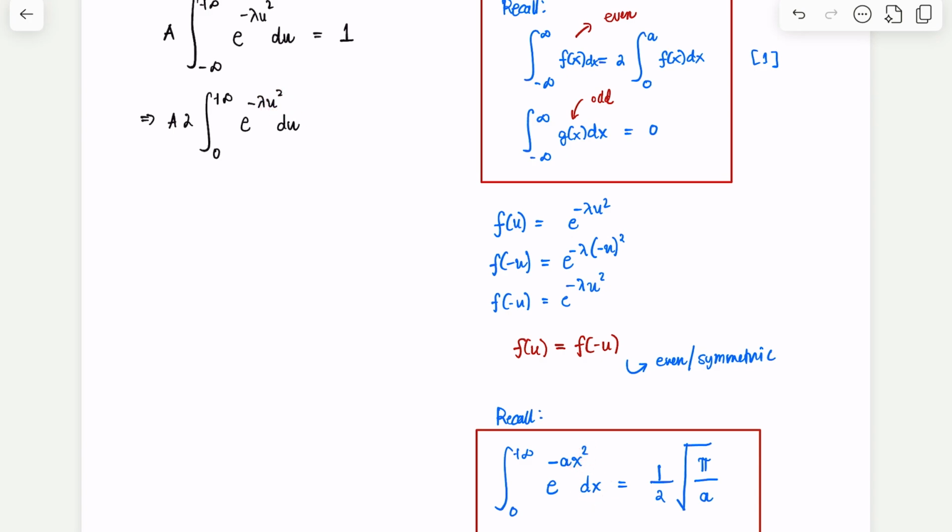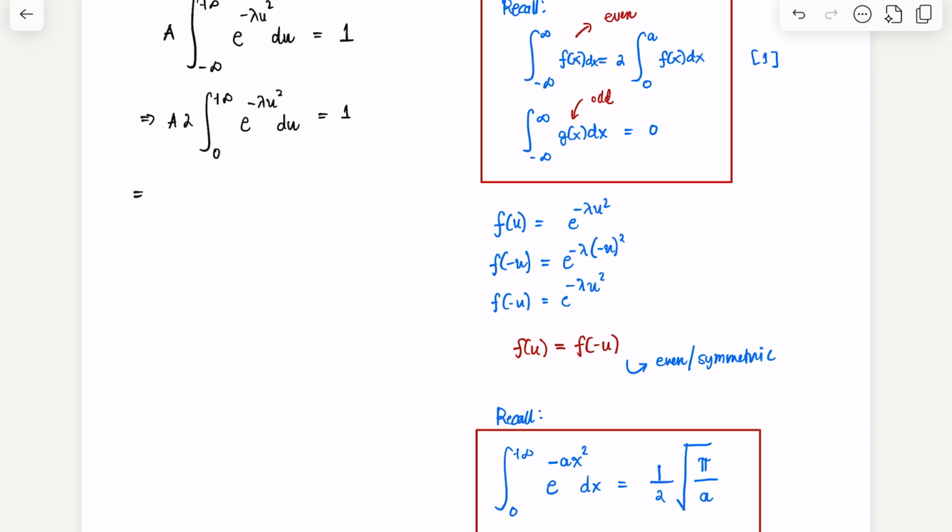So that means to say we can actually apply this one, and this is telling us that the entire thing here, I forgot the equal to 1, the entire thing here, I'm referring to this integral, would be expressed in terms of this form. The only exception would be the a now is just lambda.